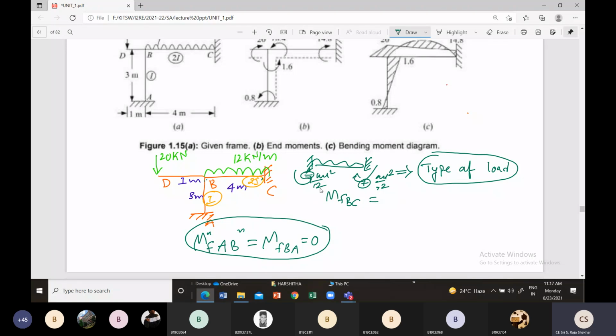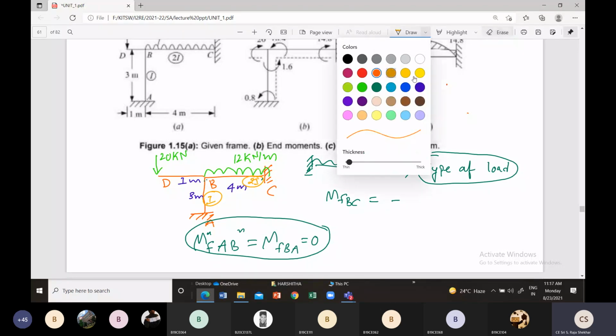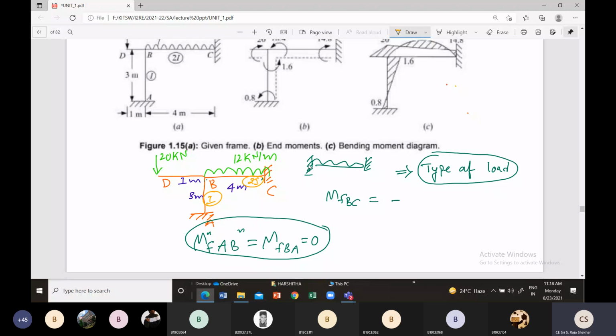So MFBC will be equal to W into L square by 12, and this is negative because the resisting moment will be in the anti-clockwise direction. The moment opposes the applied load. This is the direction of load, and the moment direction at supports B and C will be anti-clockwise, which means it produces a negative moment.